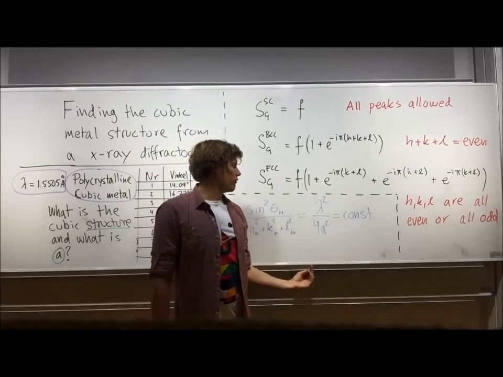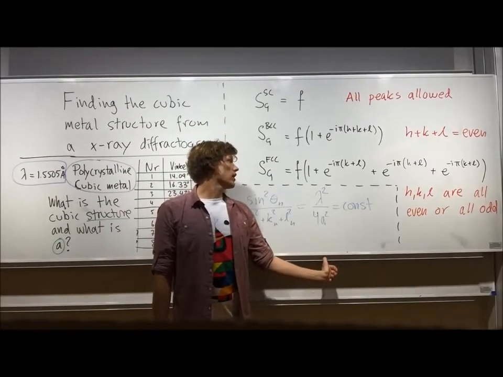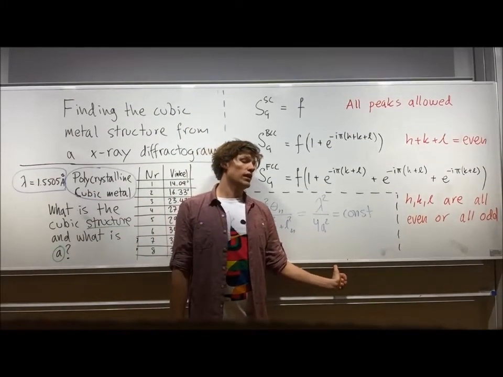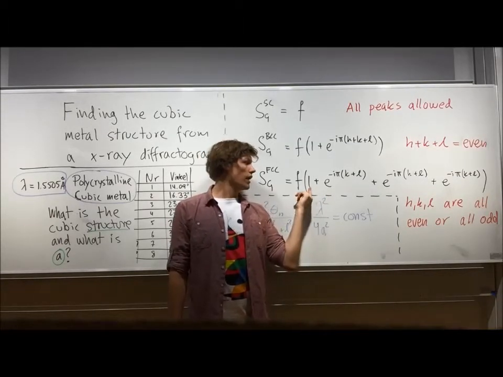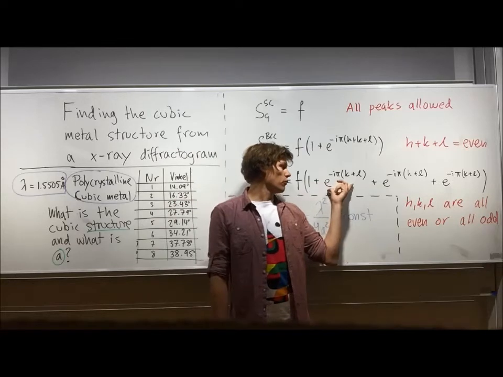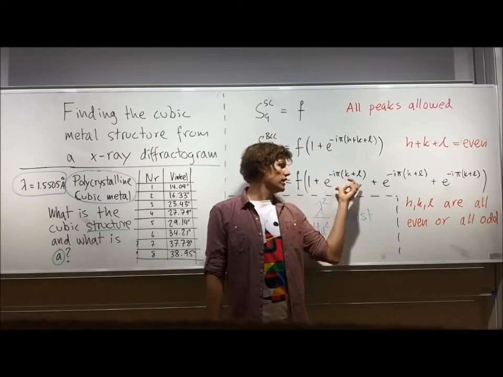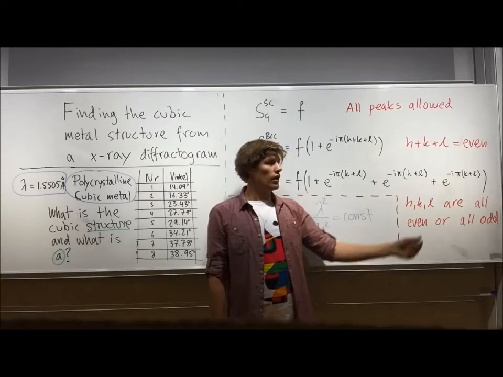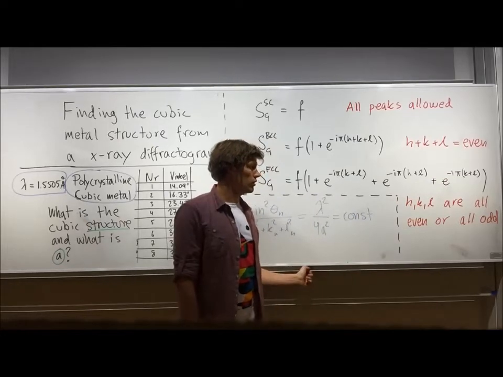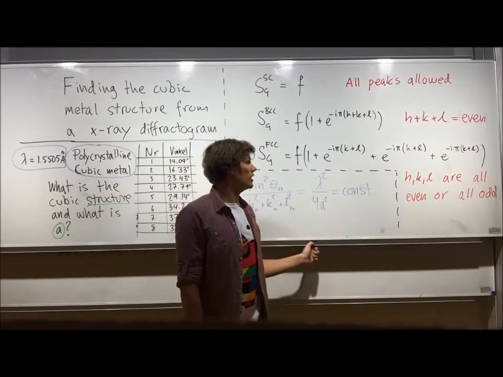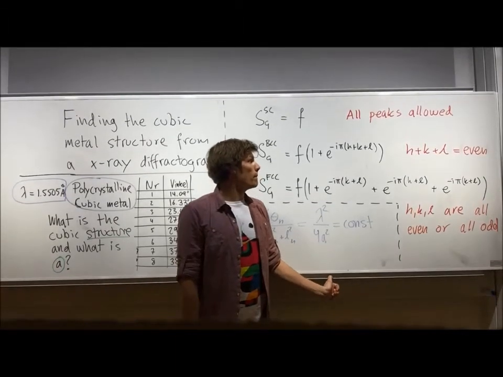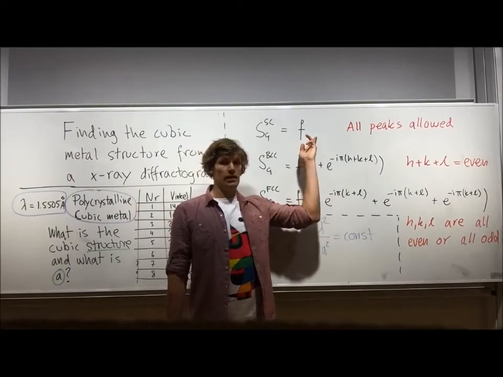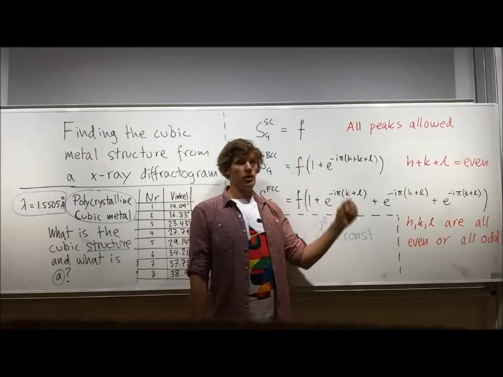And for FCC, you will get a structure factor which is basically one for an atom at the corner, and then we will get contribution from atoms on each of the three faces. Basically, that's it. And what we can see is that for the first form factor, all peaks will appear in the structure.